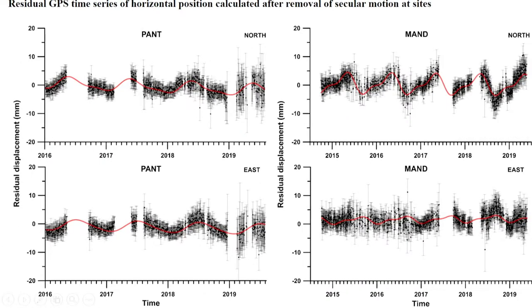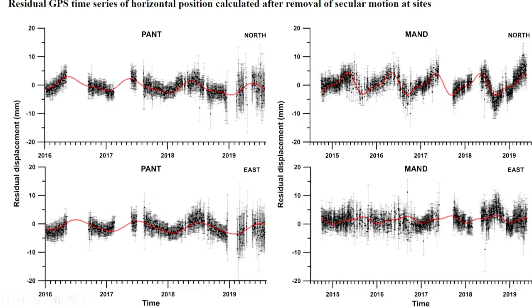So this is the non-tectonic component. Here we have detrended the data, and after the detrending, the secular motion has been removed and only the non-tectonic component exists. This helps us see how the site is behaving under the influence of atmospheric pressure, surface hydrological loading, and other phenomena which are non-tectonic in nature.